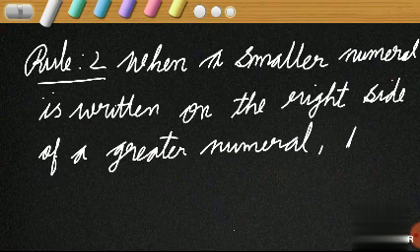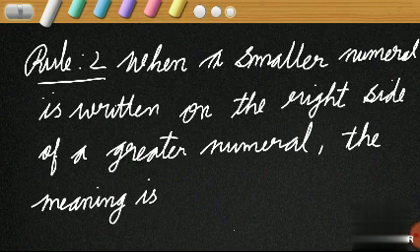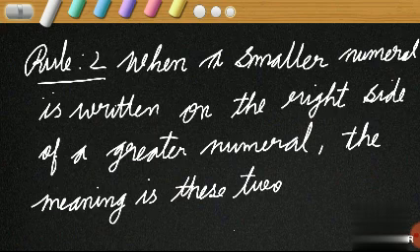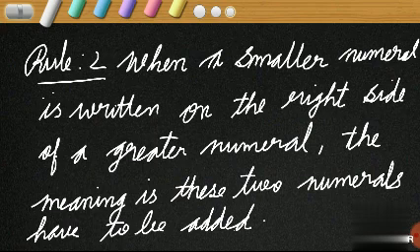So what is the second rule? When a smaller numeral is written on the right side of a greater numeral, we have to add the values of these two numerals.